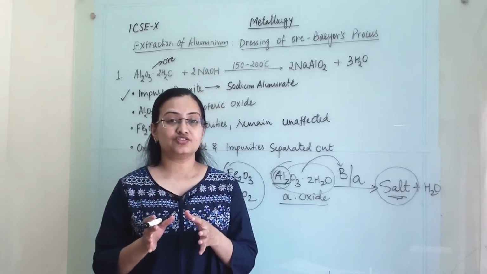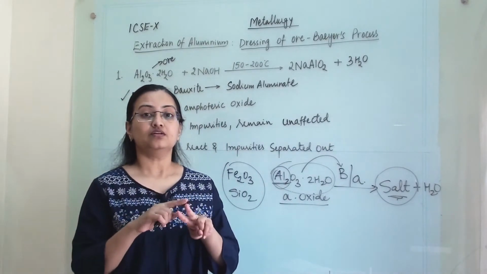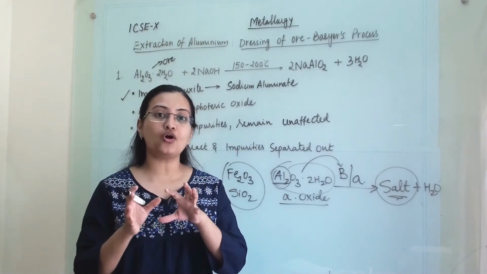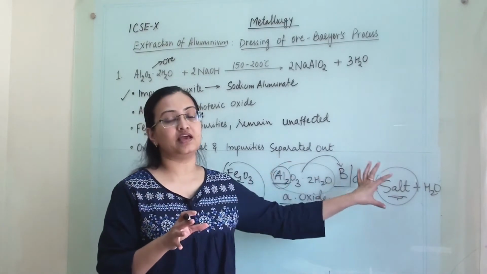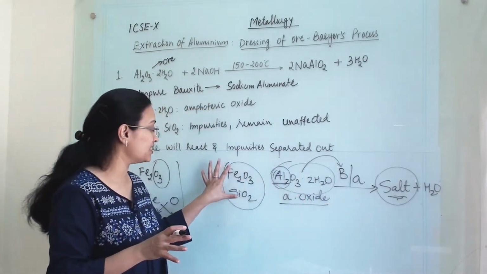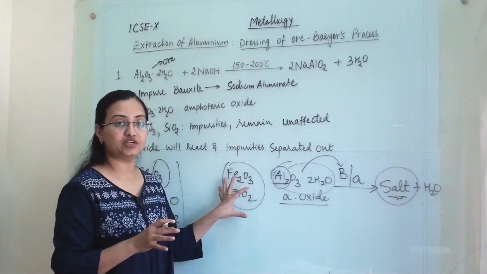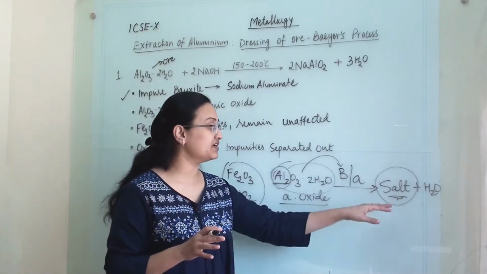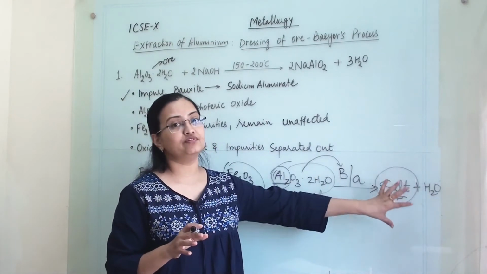So in an extraction process we can do two things. Either you separate out the impurities or you separate out the metal in some other form. Here we are not treating the impurities. We are treating our oxide and converting it into a salt form, and we will extract it.